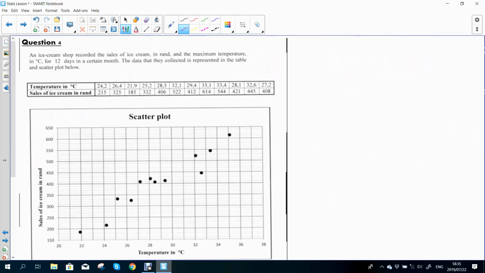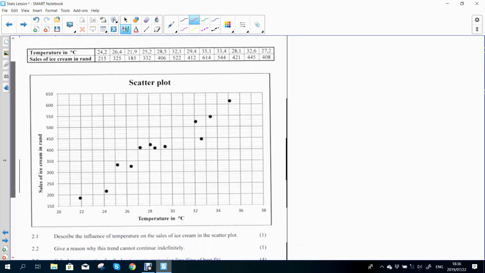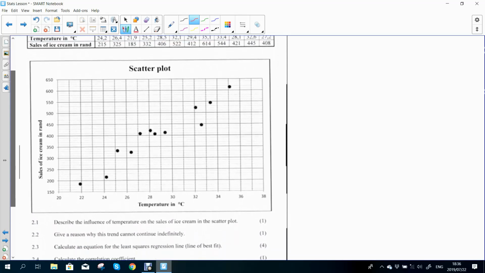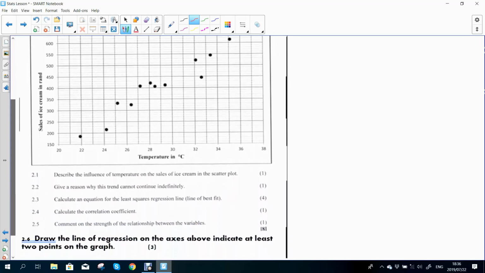Question 4. An ice cream shop has recorded sales of ice cream in rand, and the temperature for 12 days in a certain month was recorded, and then the amount of ice creams that was sold. And then they give you the scatter plot of those values below.